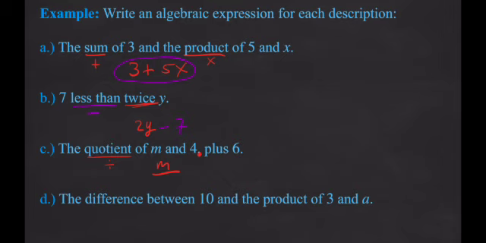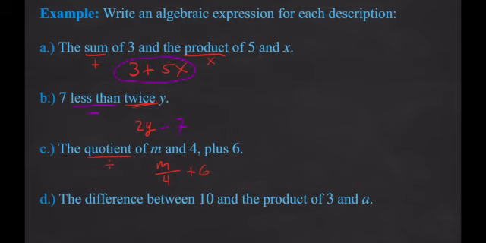So the quotient of m and 4 plus 6. Oh, I see what happened. There is supposed to be that comma there. The quotient of m and 4, so m and 4, plus 6. So we are going to add 6 onto the end of this.